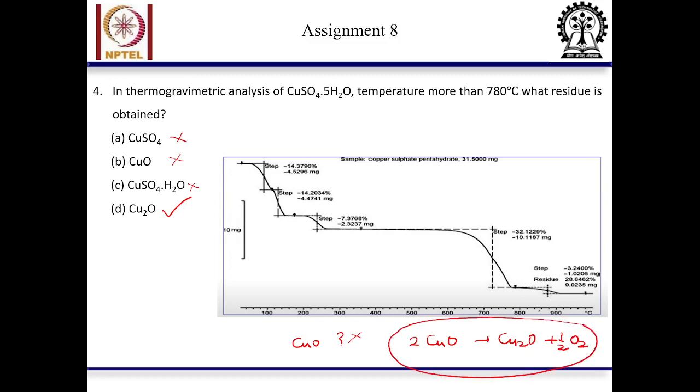How people have arrived that it will form Cu2O: once you calculate the mass, what is the initial mass and what is the final mass, from there you will find out the final end product is not CuO, it is Cu2O. Why? Because of the self-reduction of CuO into Cu2O.